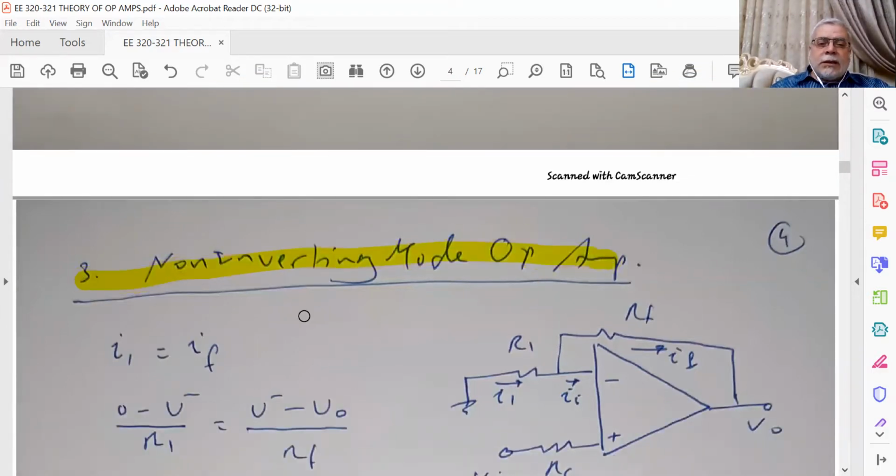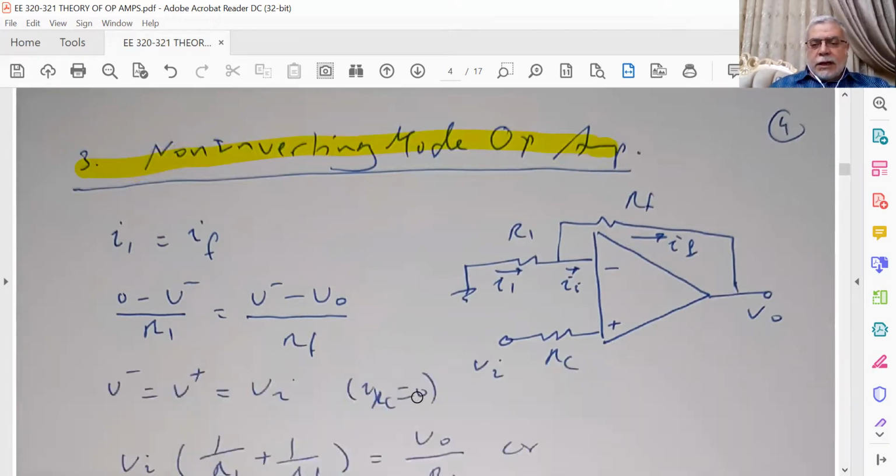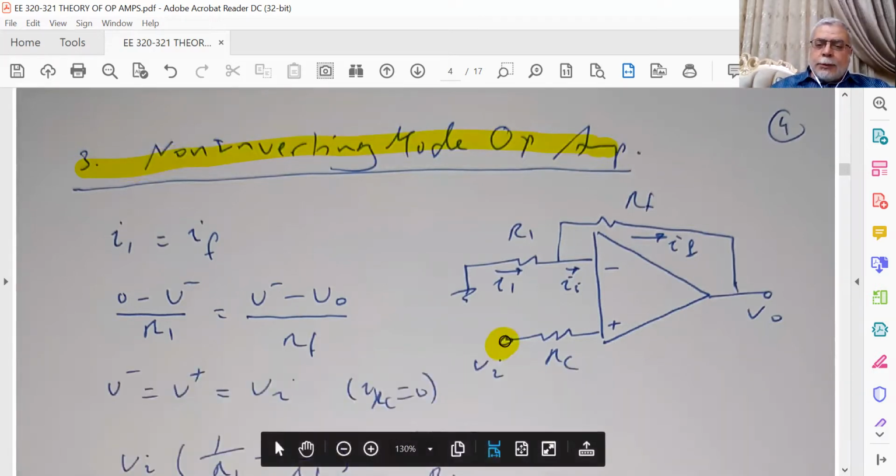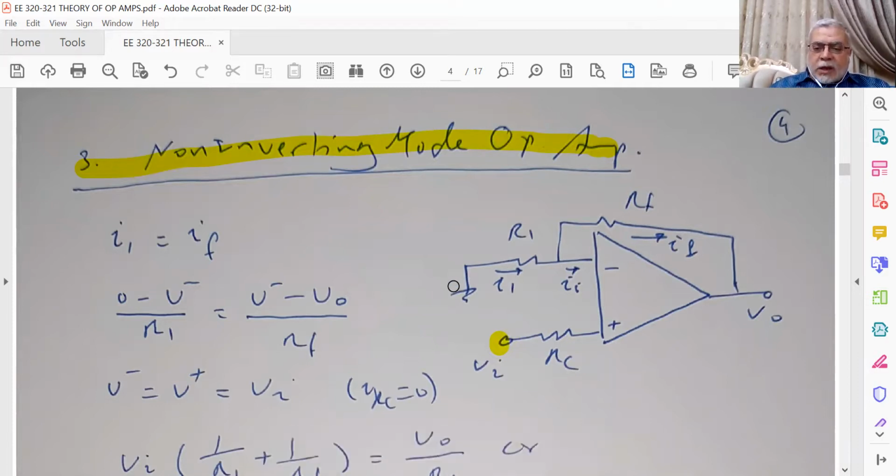Now, consider the non-inverting mode of operation. Non-inverting mode means that the input is at VI and R1 is grounded. So in this case, as there's no current in the input, V plus will be equal to VI, and this is equal to V minus.